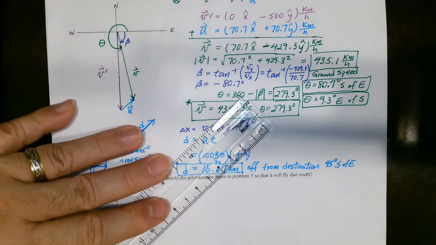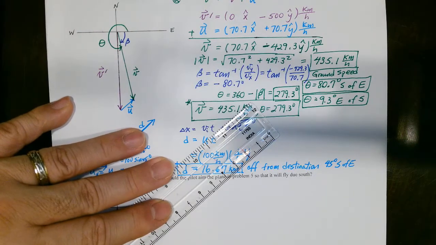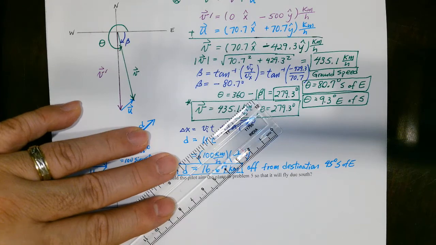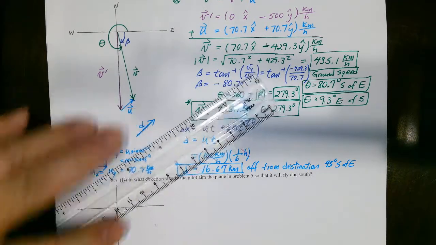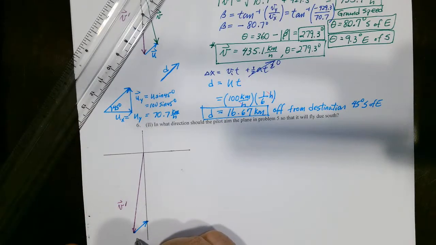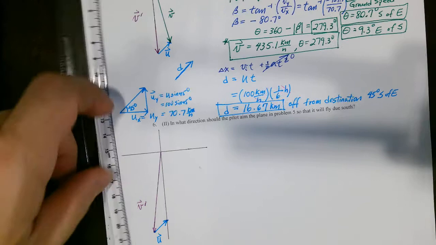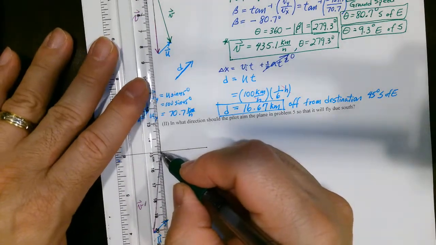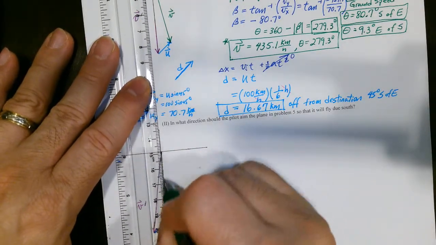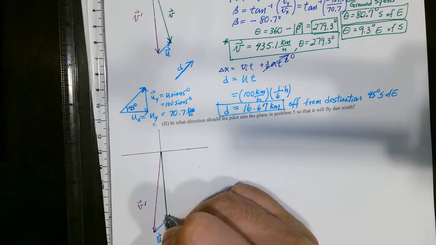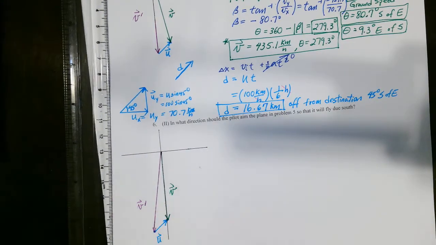Then the wind, again, is U, is going to fly 100 this way. This is U. Now the actual plane will fly straight down south. So this is our V now.